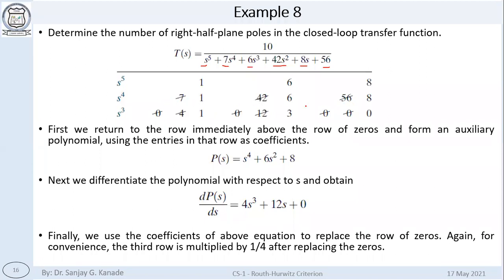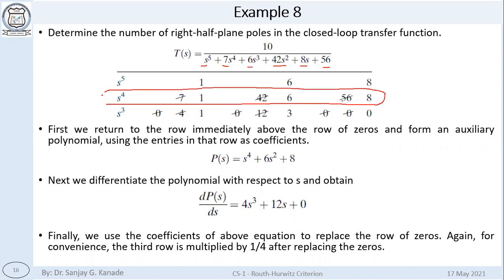Instead of the 7, 42, 56, can someone tell me what is done here? I have just divided this whole row by 7. Instead of 7, 42 and 56, it becomes 1, 6, 8.